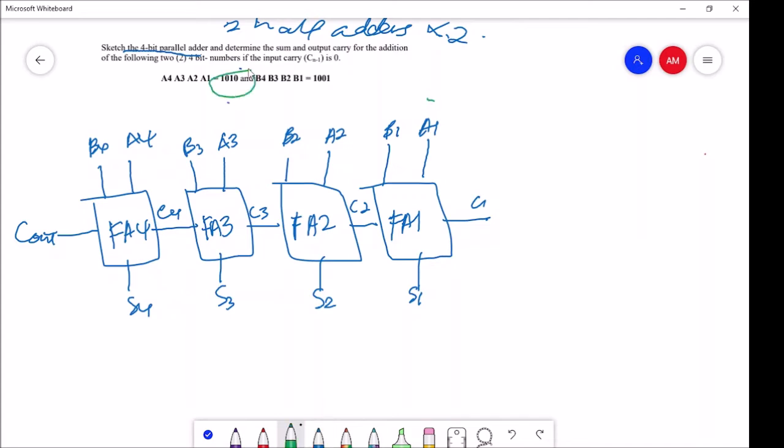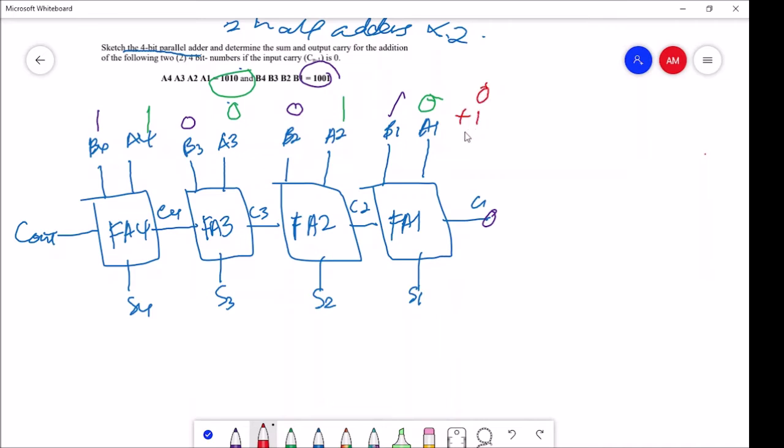Now let's insert the input for A, which is 0, 1, 0, and 0. I mean 1. Insert input for B, 1, 0, 0, 1. C1, 0, start with 0.